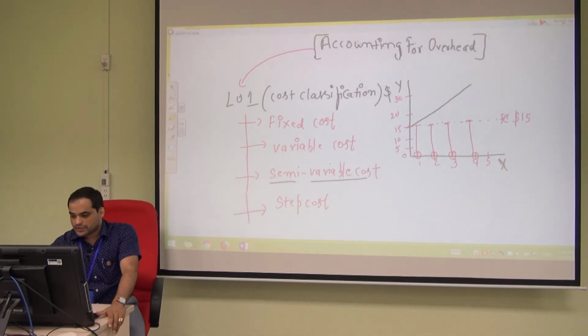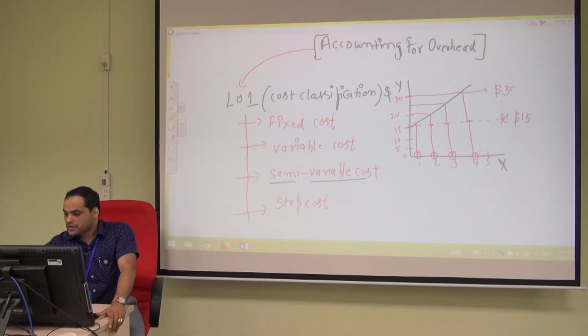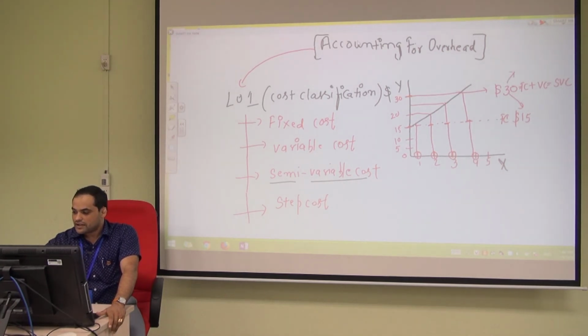So let's say if you cross that limit, your cost will increase. So let's say here, $30 is your fixed plus variable. So that is your semi-variable cost. In this $30, 15 is your fixed and 15 is your variable.